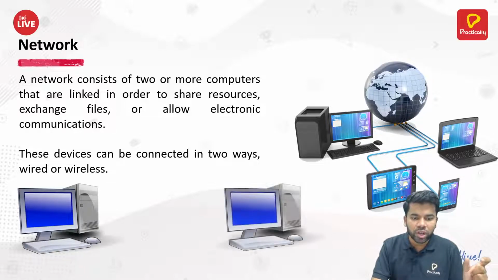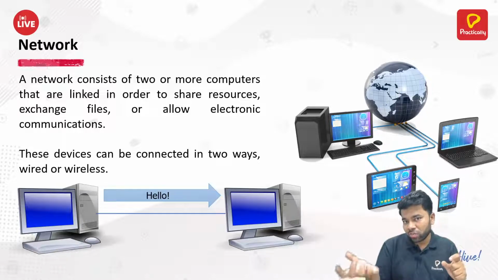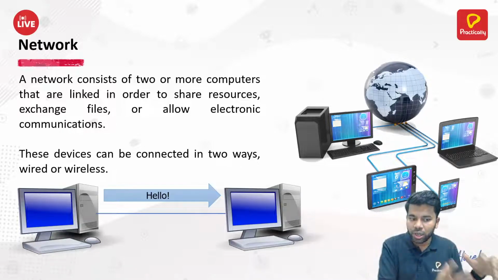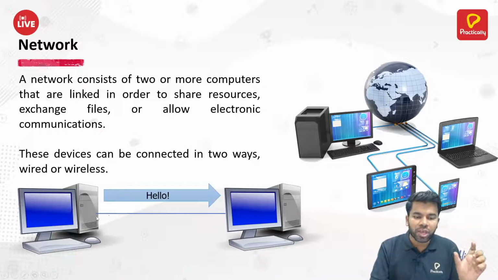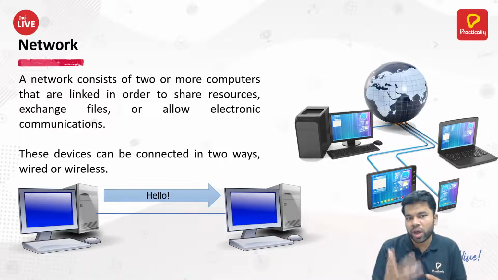First this device will send information, say hello, then the other device will respond back to device A. Suppose this is device A and this is device B. Device A and B are connected with each other through some link, whether it may be a wired link or a wireless link. When two devices are connected with each other, this is called a network.